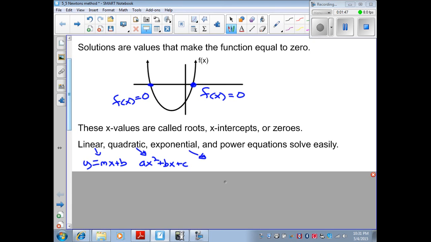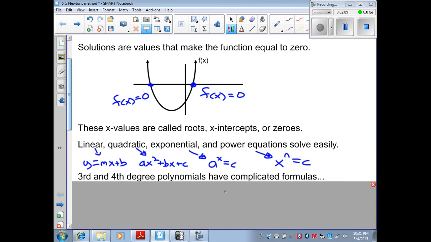Exponential, so that's stuff like a to the x equals some constant, or e to the x equals some constant. We can solve those with logs. And something like this, power equations, so x to the n could be x to the 5, x to the 9 equals some constant. Those are easy to solve as well. You just take a root. Okay? Those solve pretty easily.